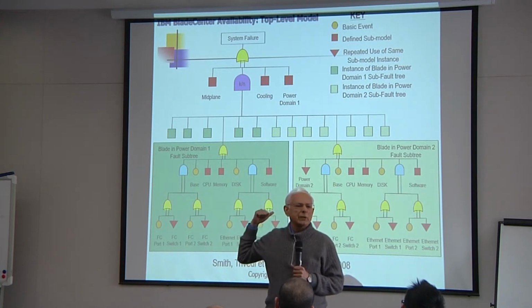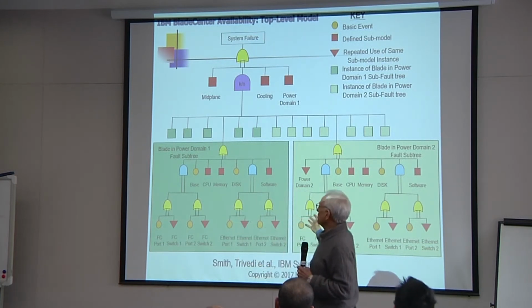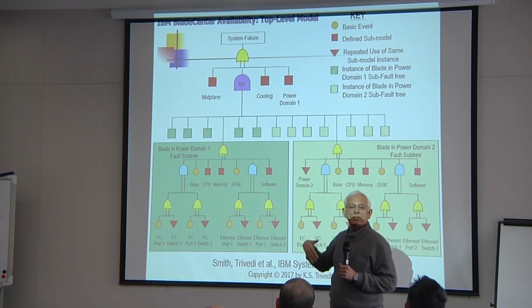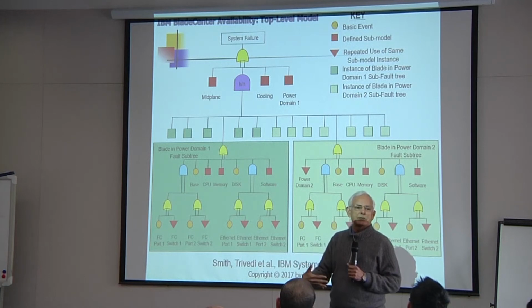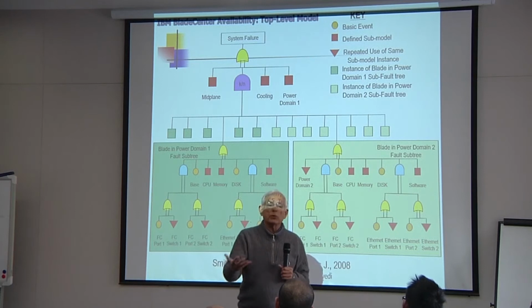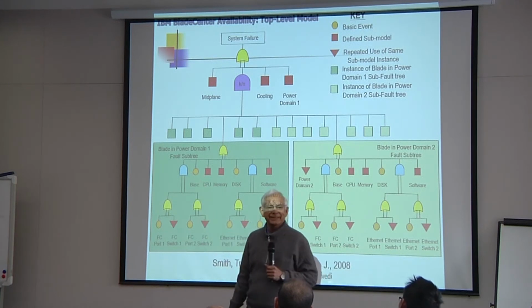Then what will be the number of states underlying this? 2 to the power 189. But because I have this fault tree model, I don't have to construct the underlying state space. I can solve it without generating the underlying state space. And that allows me to solve moderate size systems. 500 components I can solve. But if you have to do the state space, it will be 2 to the 500 states at the minimum, right?